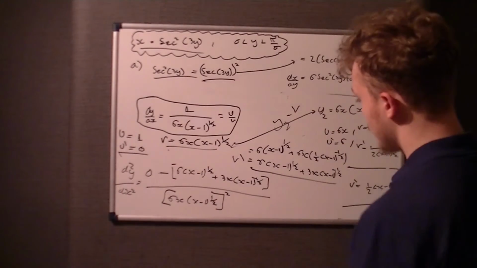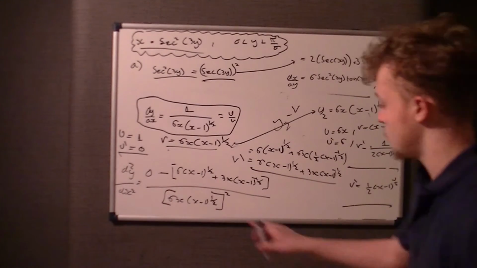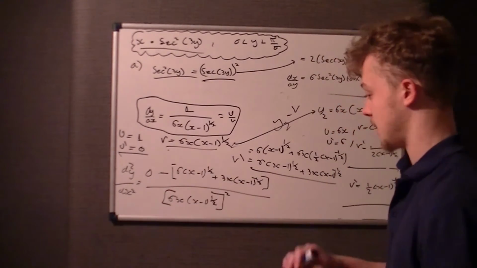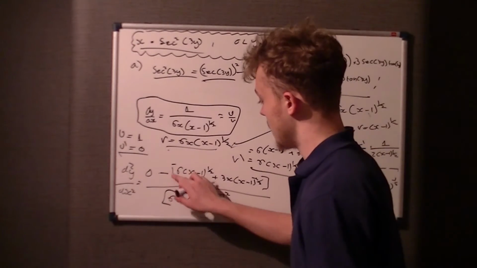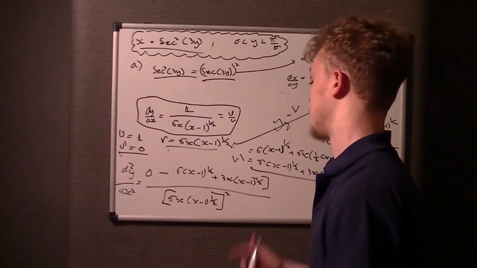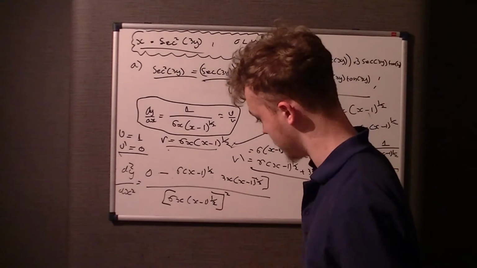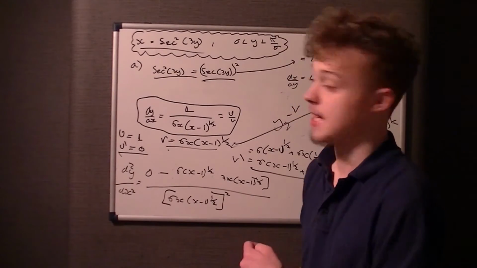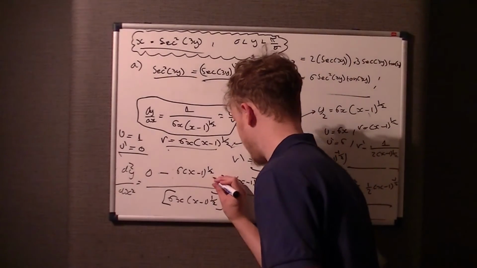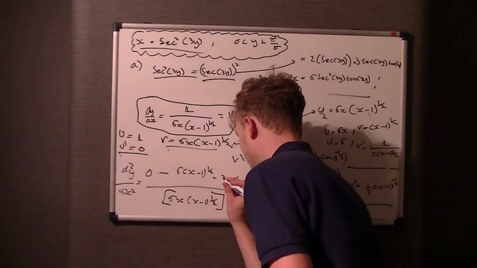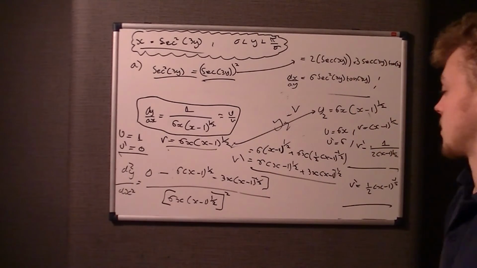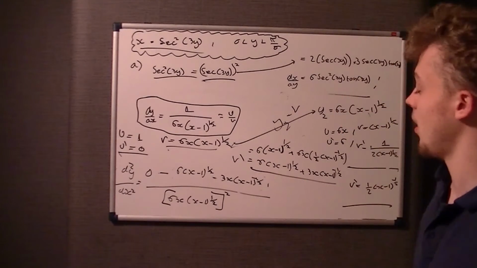Okay, so if you were to take away 6x to the power of a half, that would be negative 6x to the power of a half, and then you take away positive 3x brackets x take 1 to the power of negative a half, that would be take 3x brackets x take 1 all to the power of negative a half.